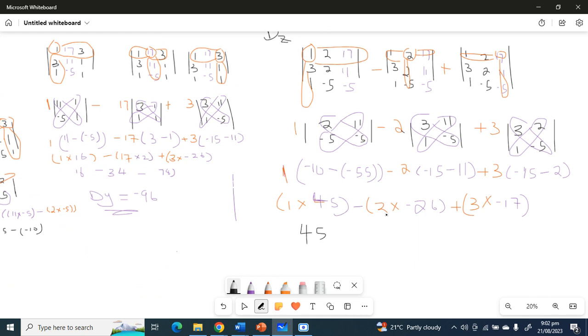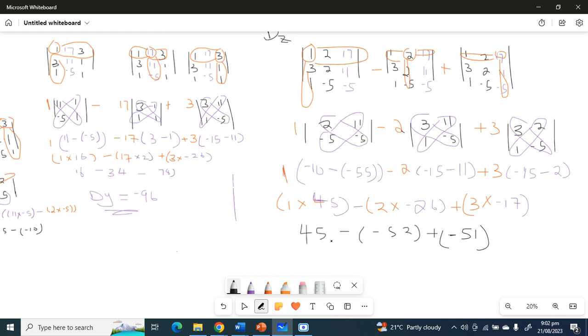Then 2 times negative 26, what is the calculator telling us? Minus 52. Then 3 times negative 17? Negative 51.